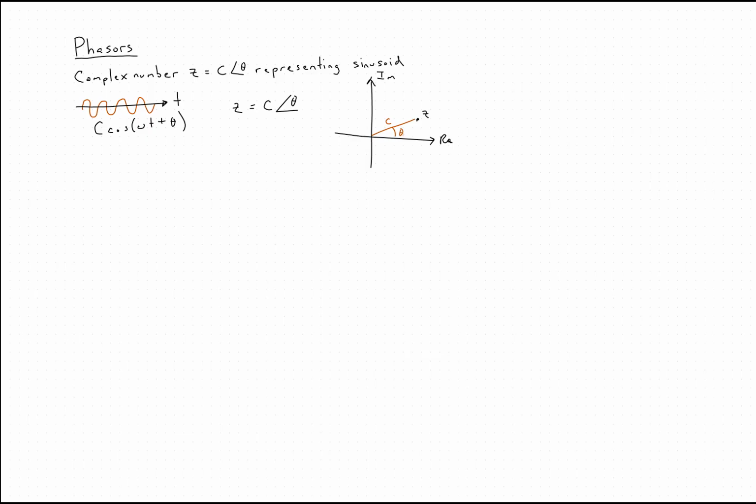And with that single number z, we can completely represent our time-varying waveform. By doing that, we can change our time waveform into a DC, non-time-changing waveform. We can change our circuits 2 problem into a circuits 1 problem.